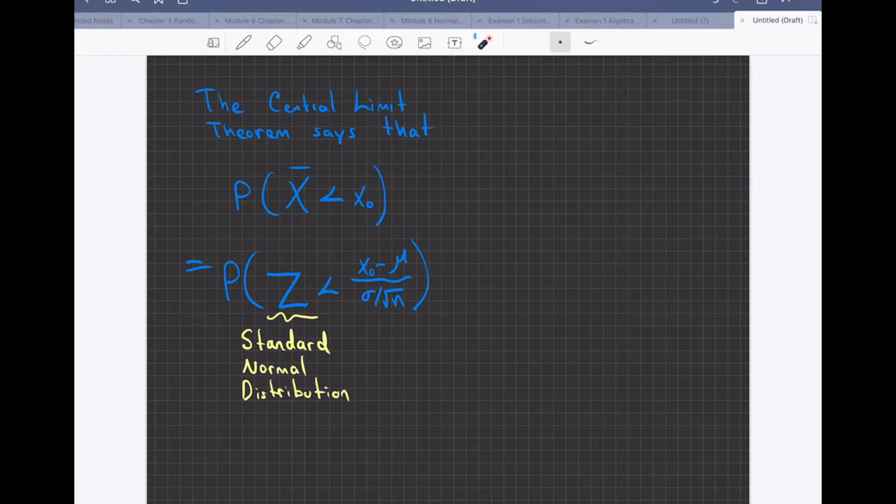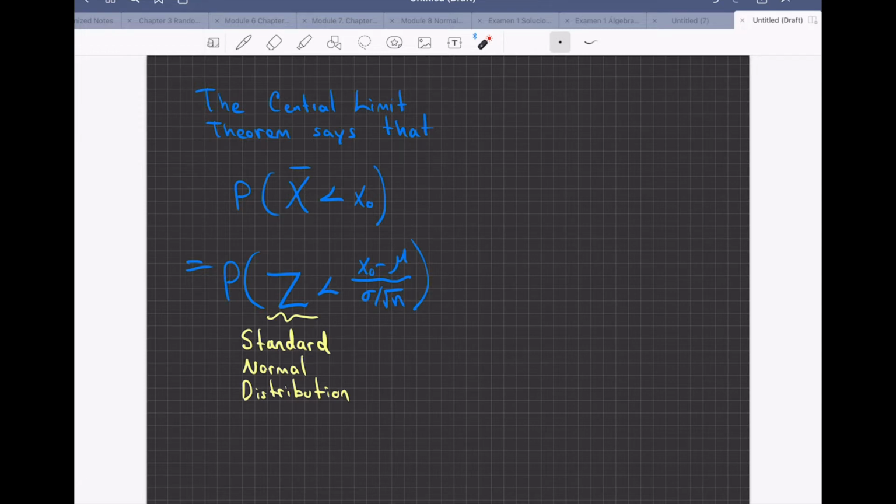But again, this is only a technical explanation. Essentially, in the exercises, when we are working with the sampling mean, we have to compute probabilities almost in the same way as we did when computing normal probabilities.